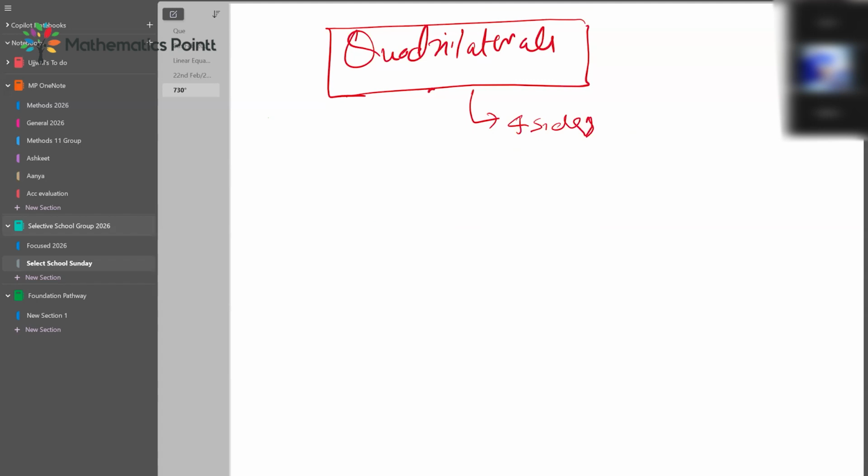What is the figure with three sides called? Triangles. Good. What is the figure with five sides? Pentagon. Correct. What is the figure with six sides called?